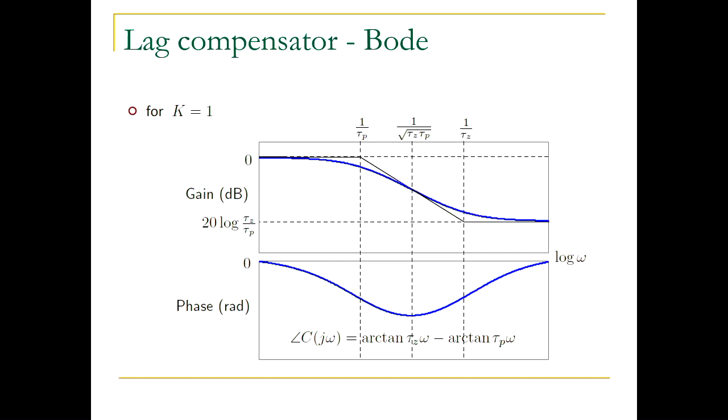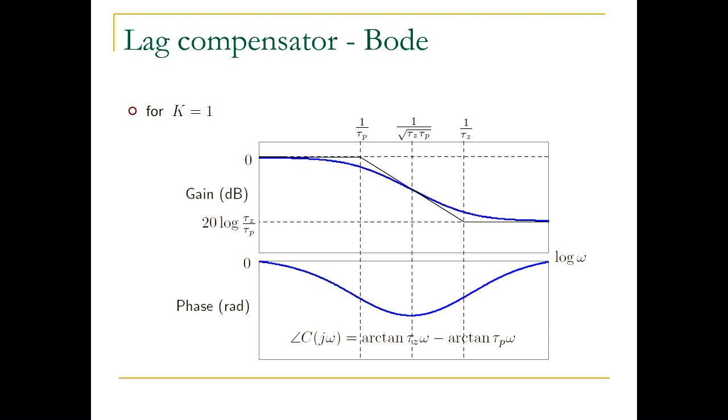What I call corner frequencies are this 1 over tau p and 1 over tau z. You can play with these, and that would affect the shape of both magnitude and phase. So by having a larger gap between these corner frequencies, you will get more lag.